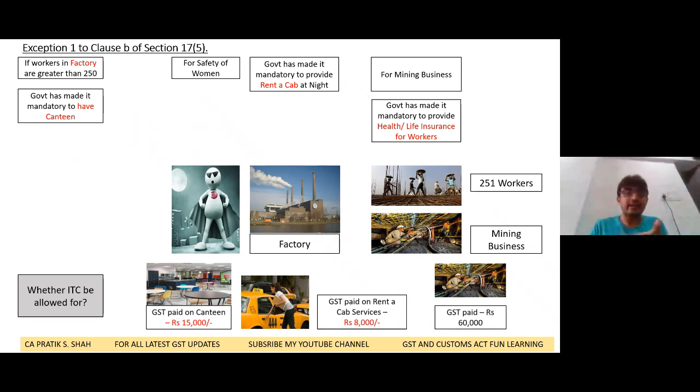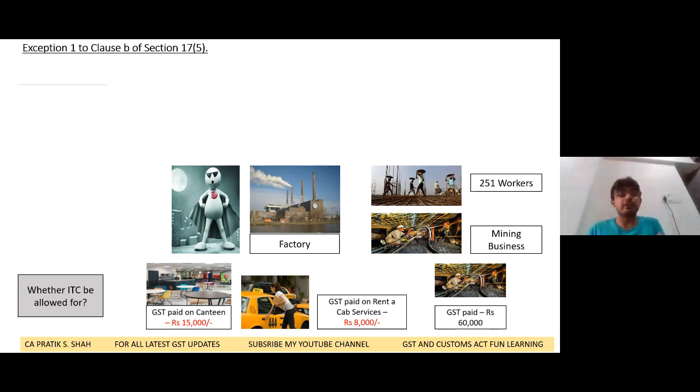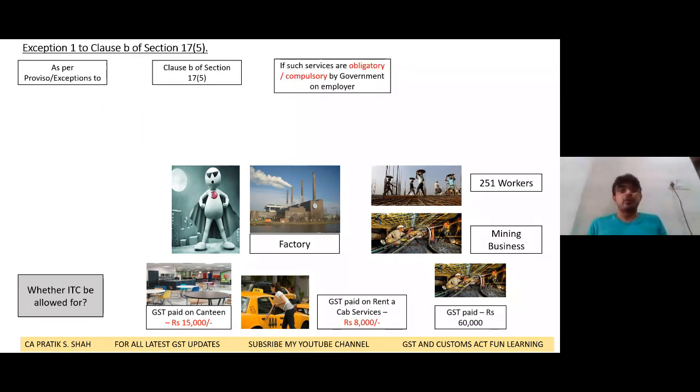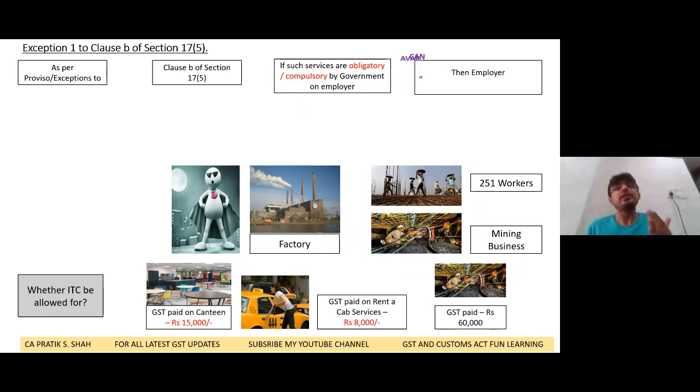Listen, the GST Act just now said you cannot, but here government has made it compulsory. So as per the exception to clause B of 17(5), if such services are obligatory or compulsory by government, then the employer can avail the ITC.